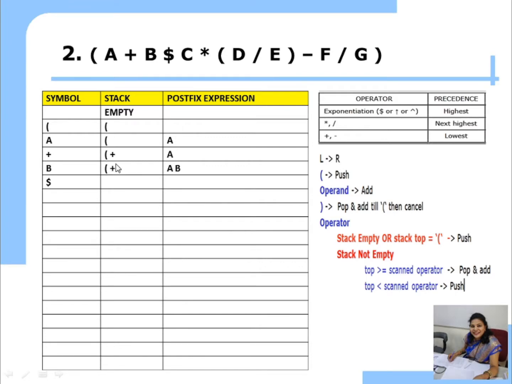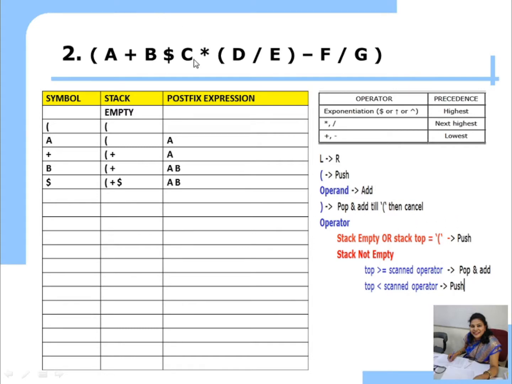So compare. Is your stack top greater or equal to the scanned operator? Is plus greater than or equal to dollar? No, it is lesser. If top is lesser, then you are going to perform the push. So after pushing the dollar sign, it will become opening parenthesis, plus and dollar, and postfix will remain unchanged. Okay.